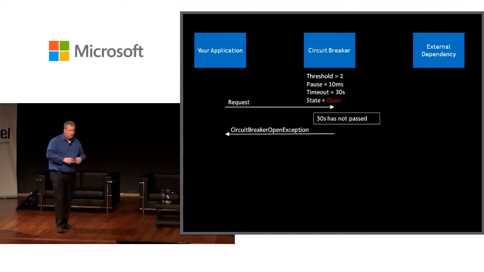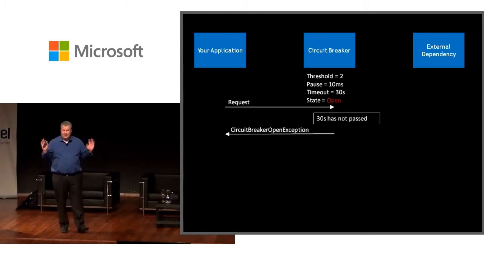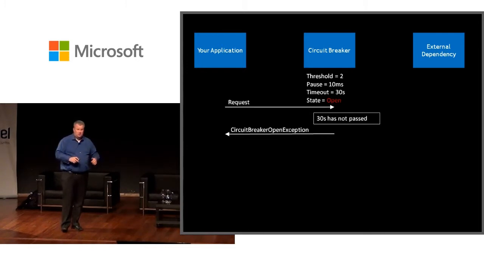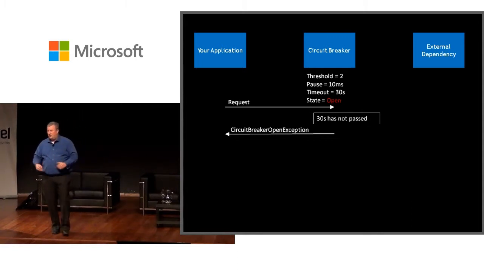So the next user makes a request, goes through the circuit breaker. The circuit breaker says, hey, you wanted a 30-second timeout. I can't do this for you because 30 seconds hasn't passed yet. So it sends an exception, in this case a circuit breaker open exception, back to the application. It doesn't even try to get over here. Right? This is us preventing the denial of service.